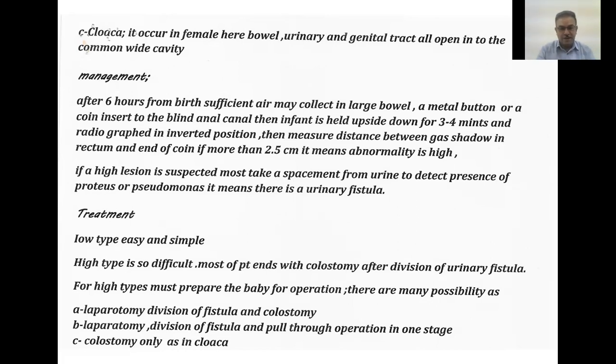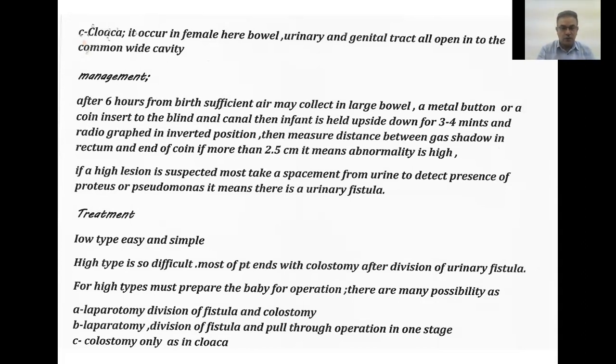Then the infant is held upside down, head down and the buttocks up, with the coin in place for 3 to 4 minutes, to give time for the gas to ascend, and radiographed in the inverted position. Then measure the distance between the coin and the gas shadow.